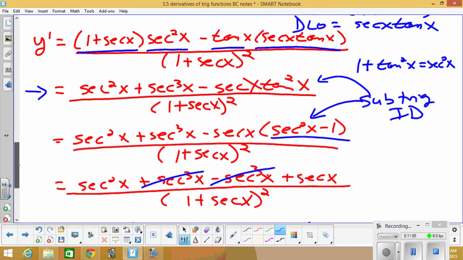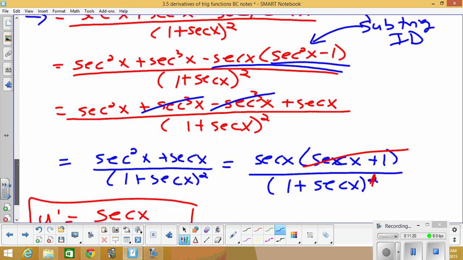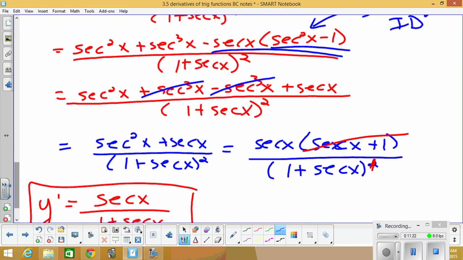Now, everything in this expression is in terms of secant. And then I distributed that last term here. I distributed that secant x in. And then I see that I have some that reduced. And I was left with secant squared of x plus secant x over, remember, low squared. But then I see I can have a GCF, so I factored out a secant x, and I was left with a quantity secant x plus 1.